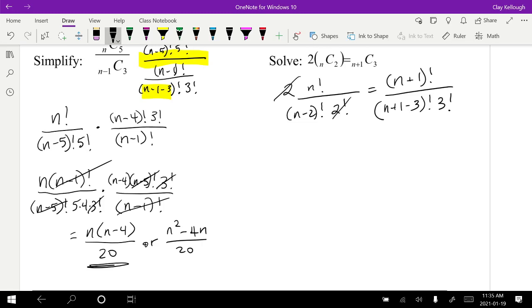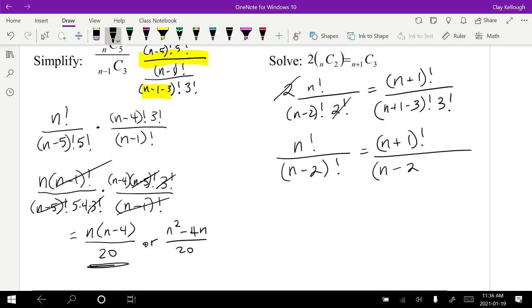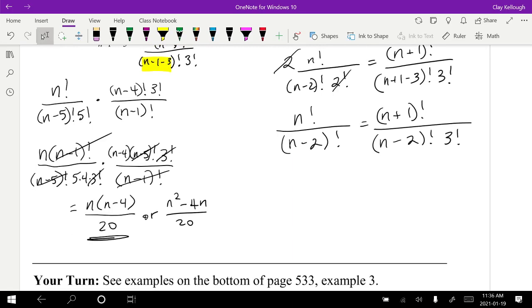Now, I think before I expand any of my factorials, I'm going to simplify the one on the right, and then form a strategy here. So this is n minus 2 factorial. Oh, and there's still a 3 factorial kicking around. Okay, what am I going to do with that? Well, I think I'll expand the top to n times n minus 1 times n minus 2 factorial.